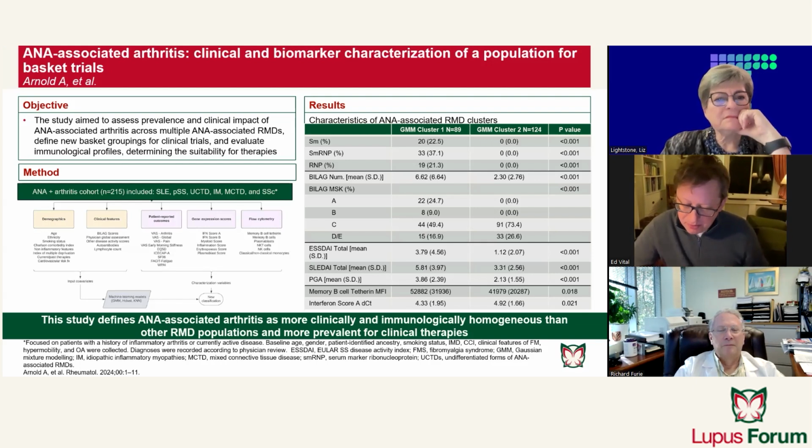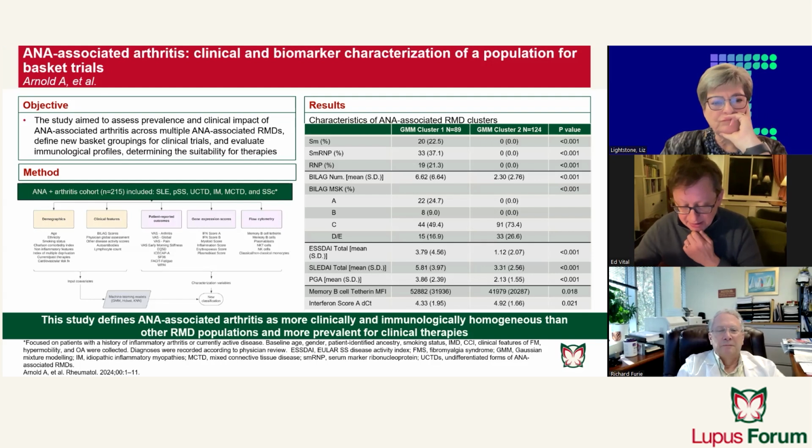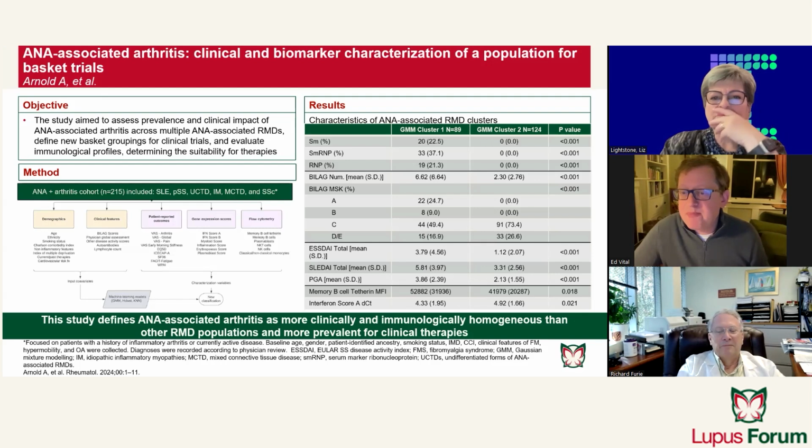That group had lower comorbidities, less osteoarthritis, less fibromyalgia, and more RNP and Smith antibodies. All the mixed connective tissue disease patients are in there, with higher BILAG and SLEDAI scores and a bit more prednisolone use. So they do seem a more impacted and more inflammatory group overall, and we think that group might be appropriate for a basket trial.